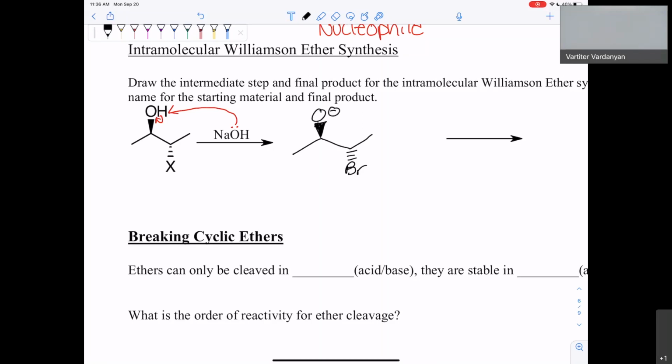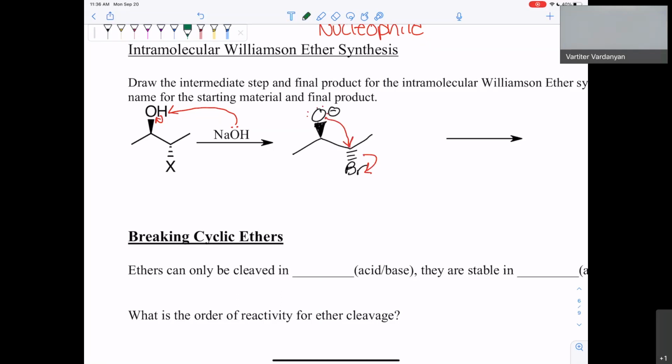Anyway, so now what's going to happen? Our alkoxide is going to act as a nucleophile. Cool. And it's going to attack the carbon that has the halogen on it, and we kick off the halogen.